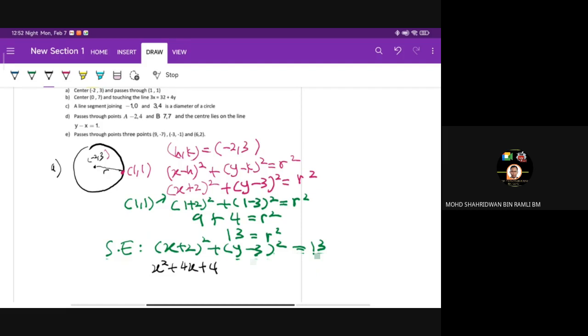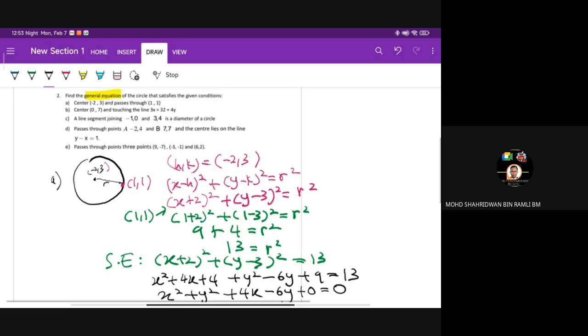It will be x² + 4x + 4 + y² - 6y + 9 = 13. Then x² + y² + 4x - 6y, and 4 plus 9 is 13, and 13 minus 13 is 0, so + 0 = 0. Simple. So this is our general equation. Simple, right?